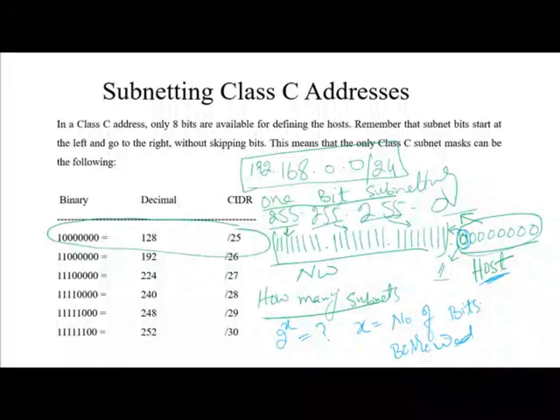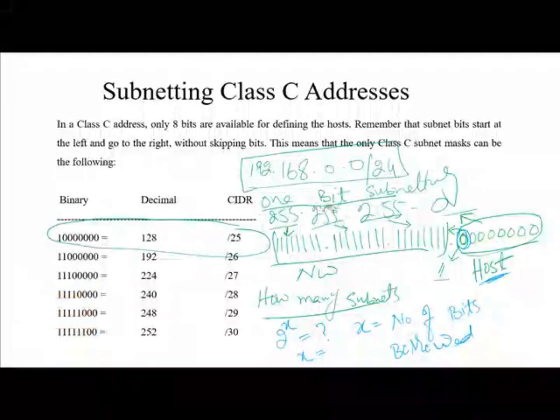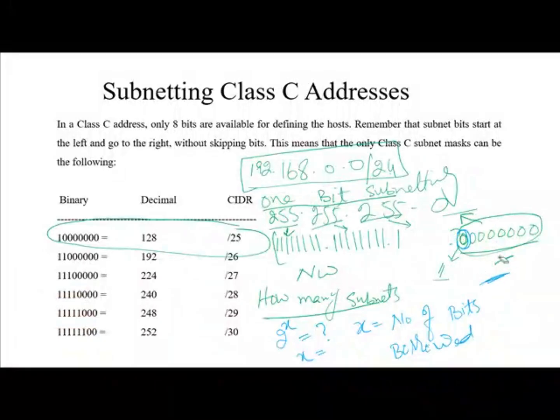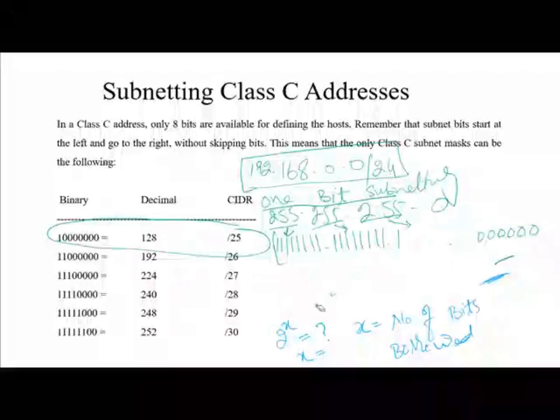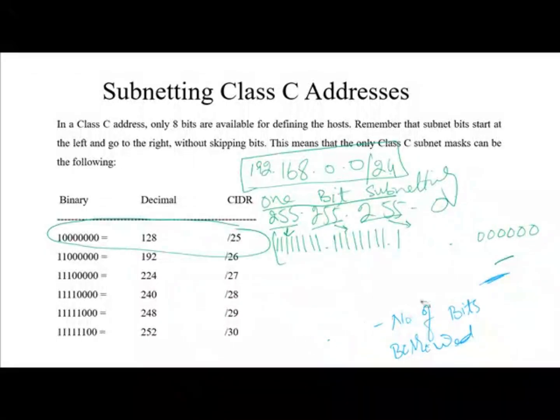So at the moment we are borrowing 1 bit. So what will be the value of x in this example? What will be the value of this variable if we are borrowing 1 bit? I'm asking about the value of x.